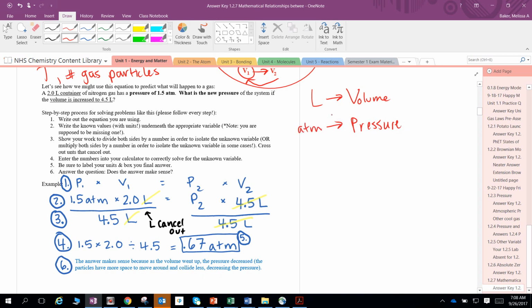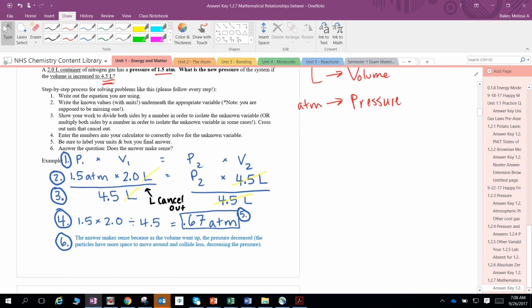That's another unit for pressure. What will the new pressure be if the volume goes up to 4.5 liters? Well, we should plan on the pressure going down, because if the particles have more space to move around, they're not going to be colliding as frequently with the sides of their container.